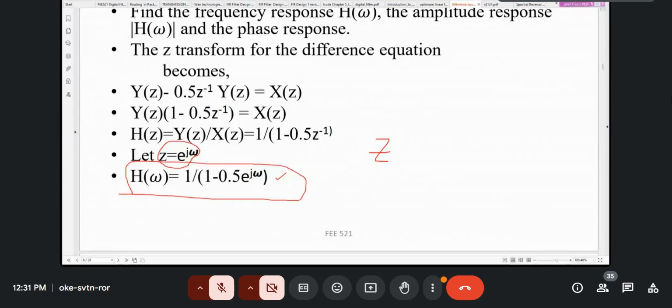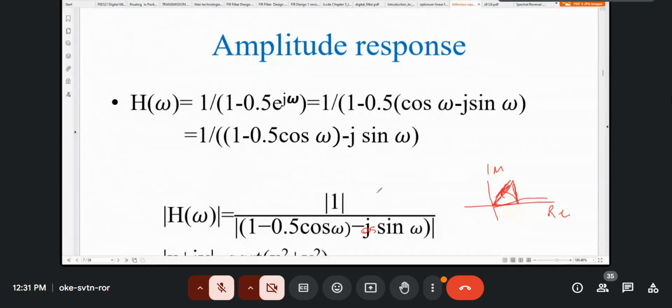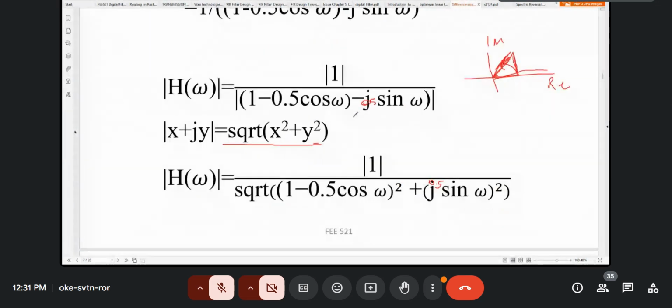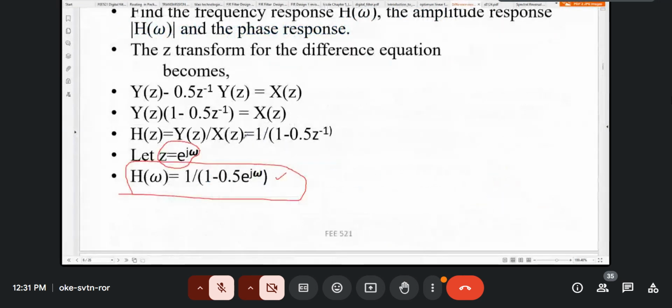I'm trying to think whether we should replace it with e to the minus j omega, what that would mean. I think if you compare the two equations, let's just use h to the j omega.